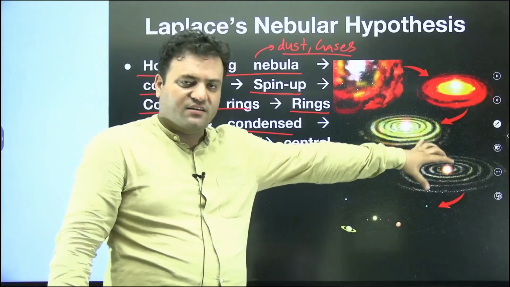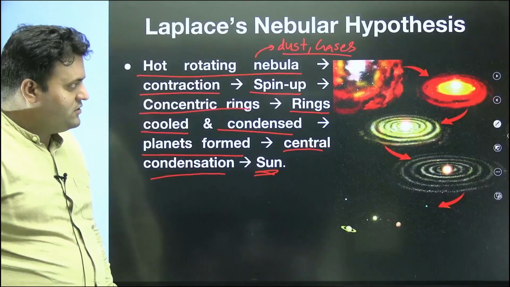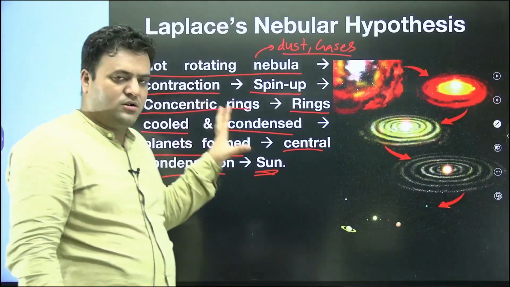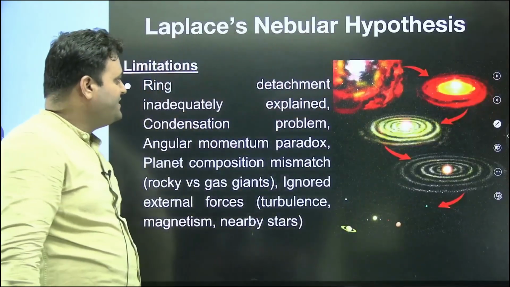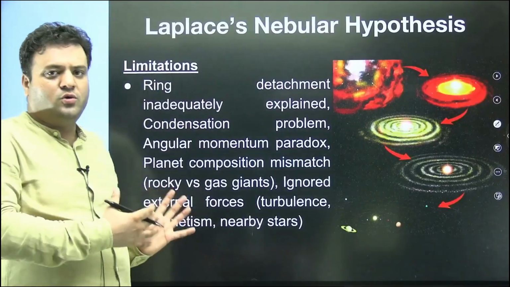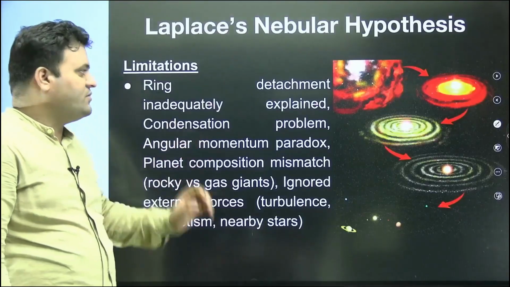Sun was at the center, and the rest of the planets were formed around the sun. So this is the crux of the Laplace Nebular Hypothesis.